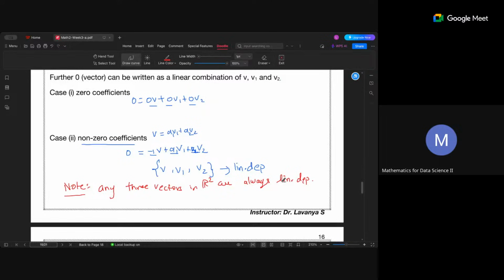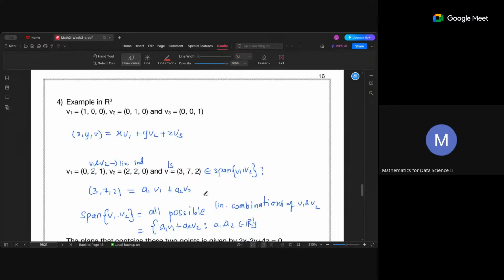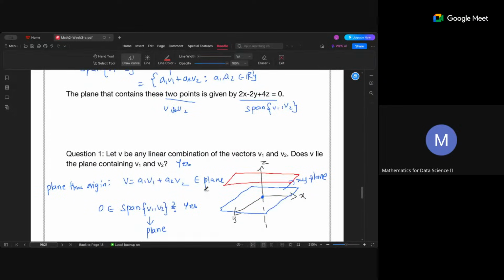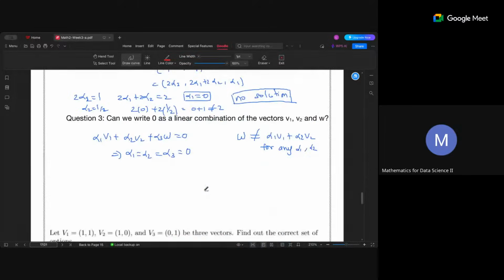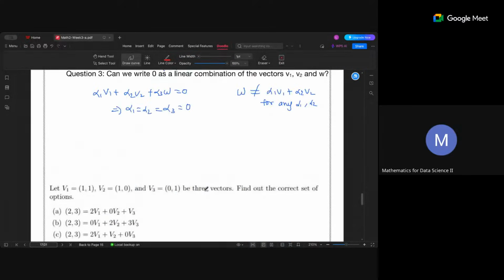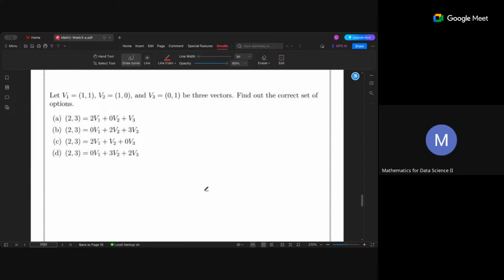If you take three vectors, then obviously you will be able to express one of the vectors as a linear combination of the other two. They can never be linearly independent. If you have three linearly independent vectors, then those vectors cannot be from R2. You will have to move to three-dimensional space. So the number of linearly independent vectors in R2 is maximum 2.